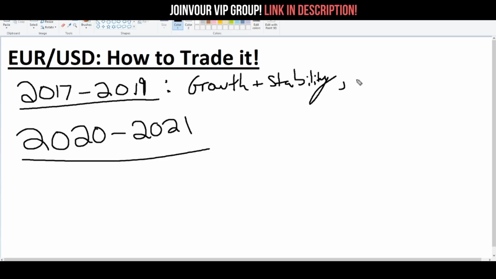And another thing, volatility was low. And when volatility is low, generally what we see is growth. We see markets doing well. Things get very high volatility when things are unsure and scary.